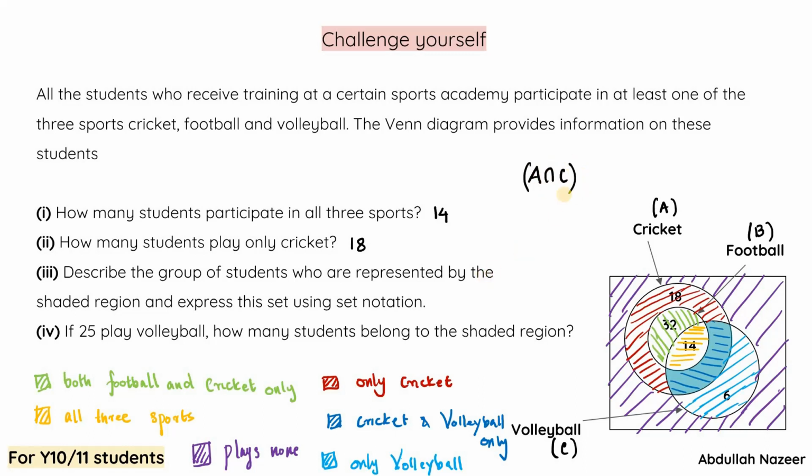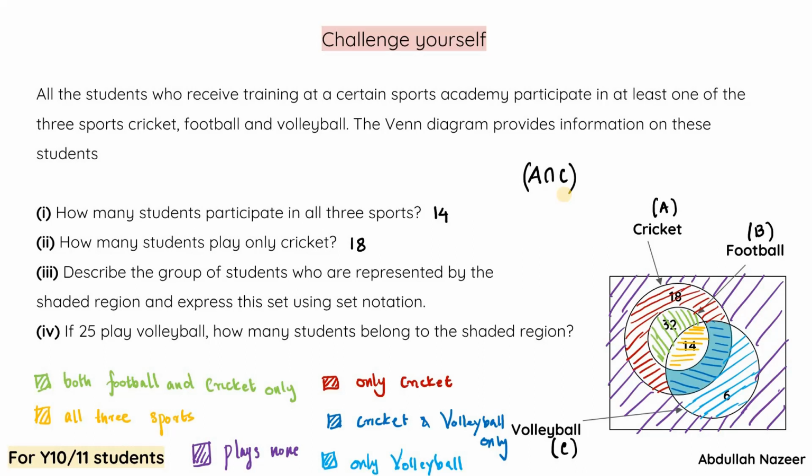Now that we've found a way to tell cricket and volleyball by using set notation, we just have to figure out the way on how to tell cricket and volleyball only. So to do that, I'm going to rephrase this sentence. Instead of saying cricket and volleyball only, we can rephrase that as the students who play cricket and volleyball but not football.